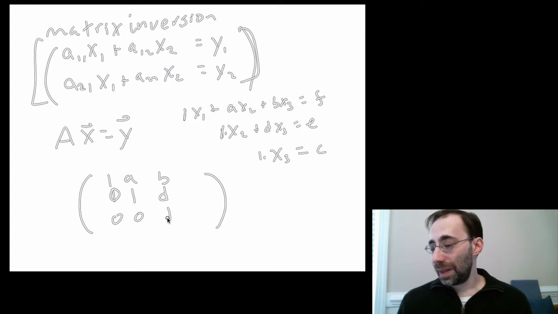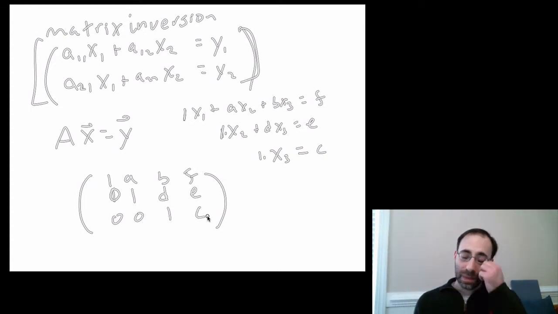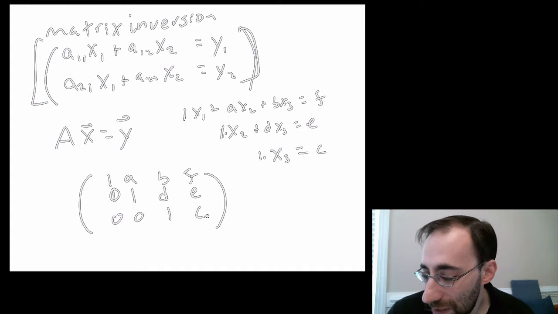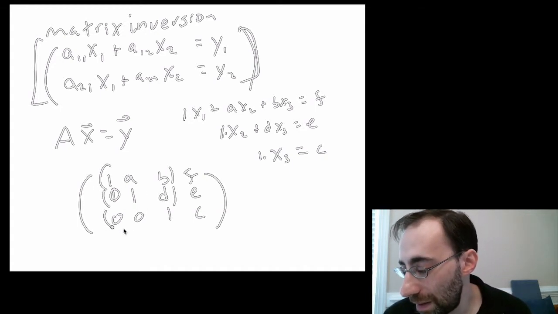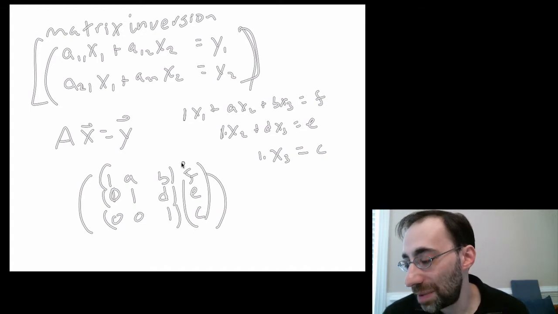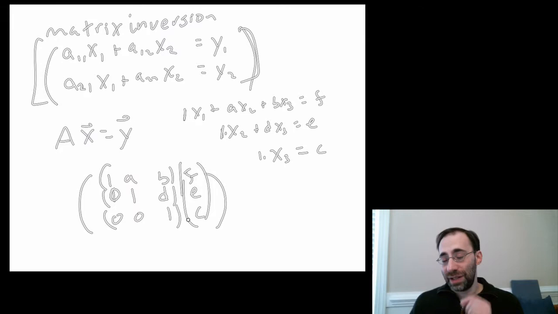If we stick these on the same side as an expanded matrix, this gives us a nice way of keeping track of our elimination, because we operate on the left-hand sides and the right-hand sides at the same time. We can move around the rows, add and subtract rows, and we get this form.